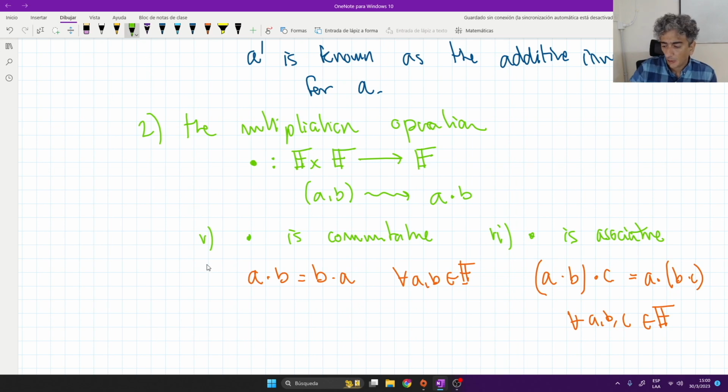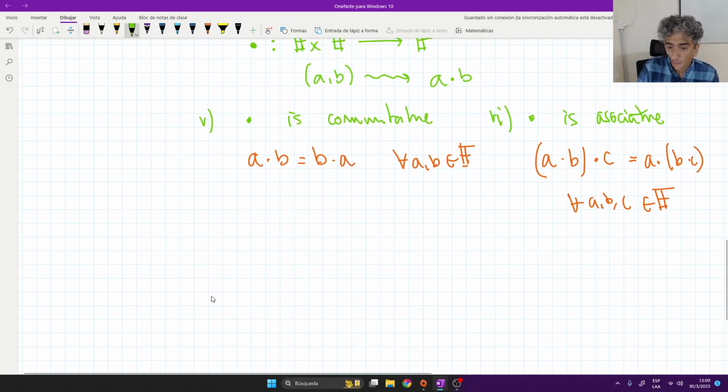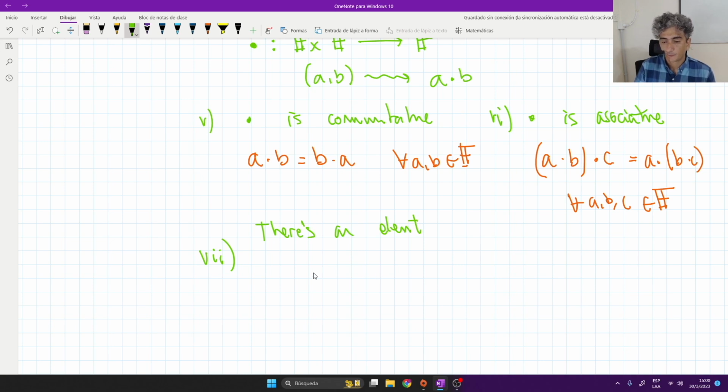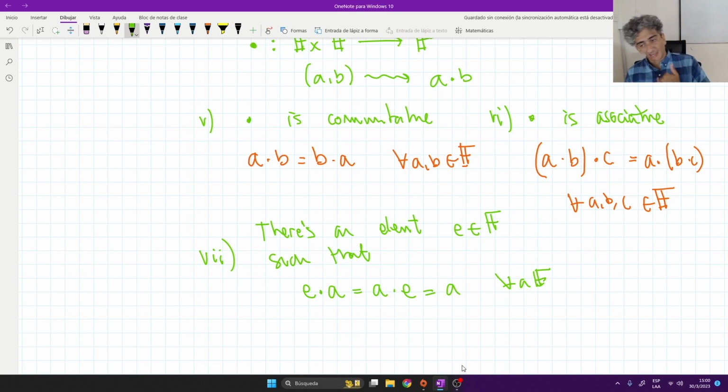Then we're going to ask for the existence of a very special element for the field that has the following property. There's an element E belonging to F such that E times A equals A times E equals A. So this element E works as a neutral element for multiplication.